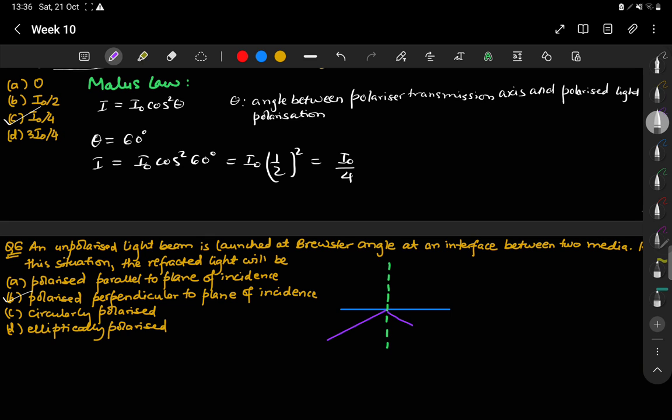And then the reflected ray and the transmitted or the refracted ray.